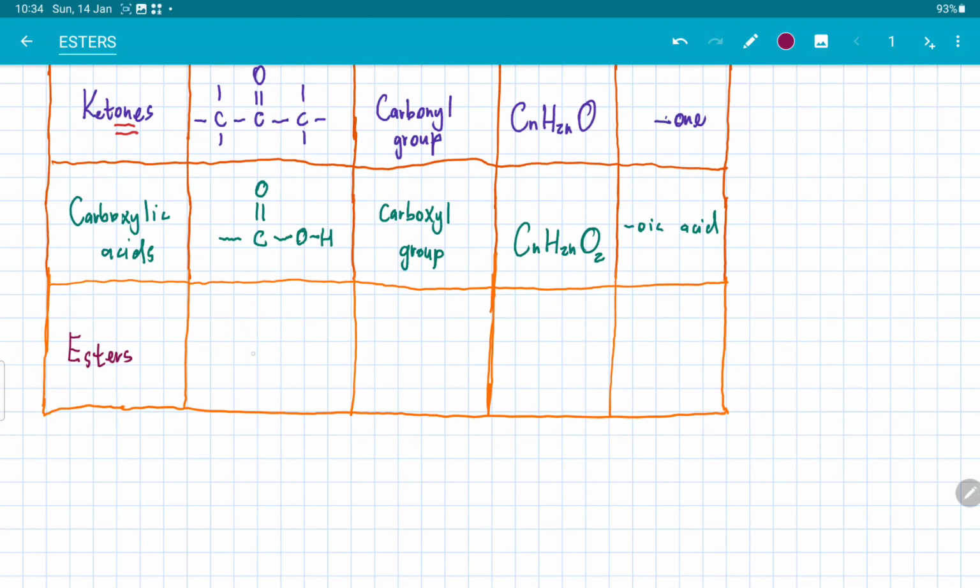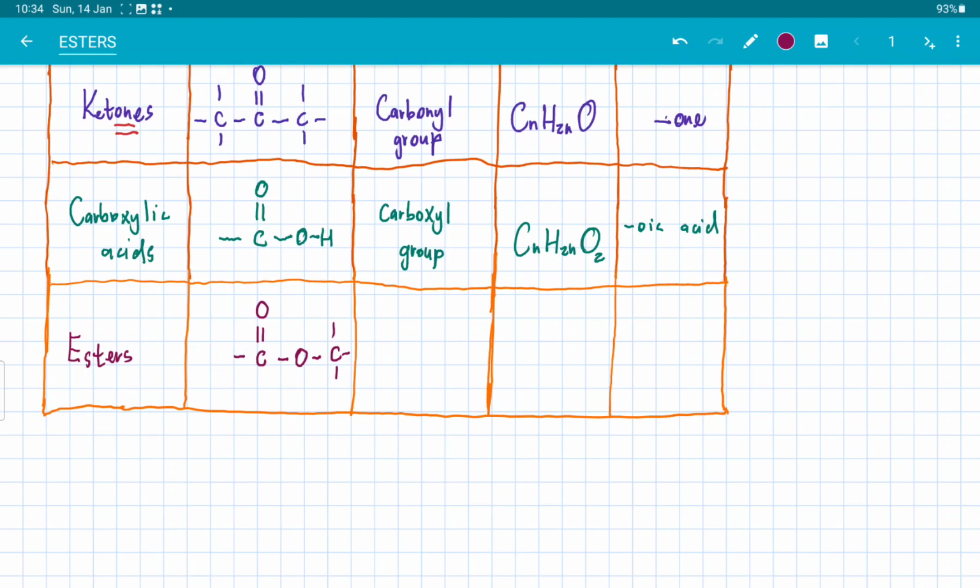There is always a carbon with a double bond to O, and then an oxygen and a carbon. So there's always this part of the structure when you're having an ester.